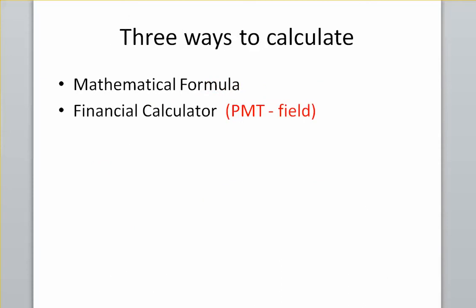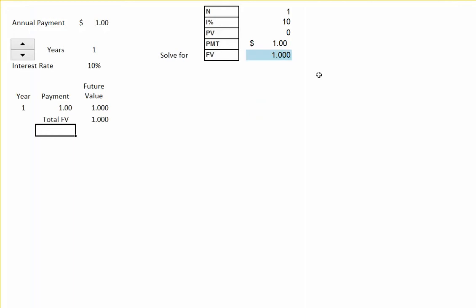Let's go ahead and consider a financial calculator valuation of a future value of annuity. We're going to use the payment field now to enter the series of cash flows, or the annuity payment. Let's begin by considering an annuity with a $1 periodic payment and a 10% interest rate. If it's a one-year annuity, in other words, we put $1 in the bank at the end of the first year, obviously it doesn't have a chance to compound at all, and the future value of that annuity will simply be $1.